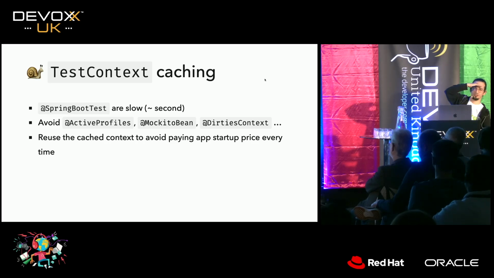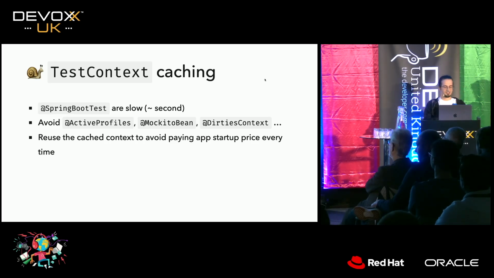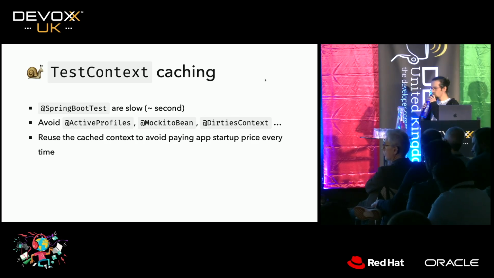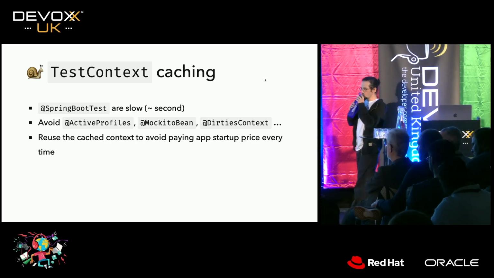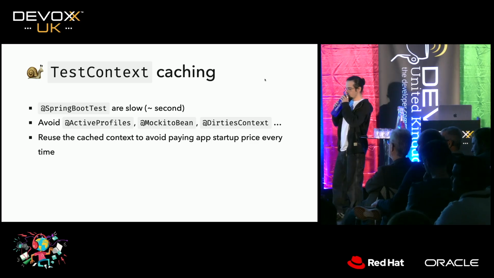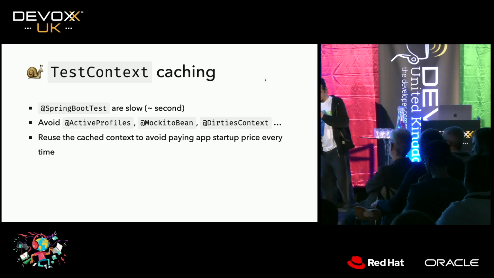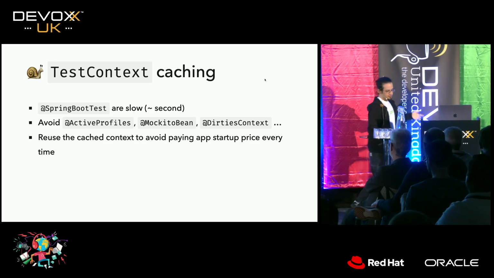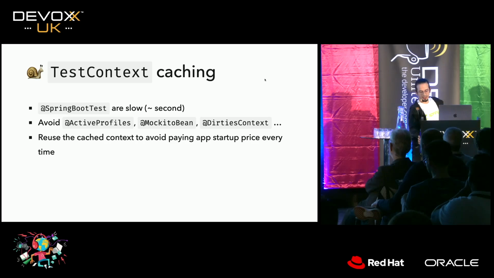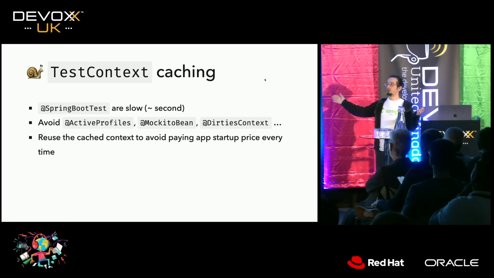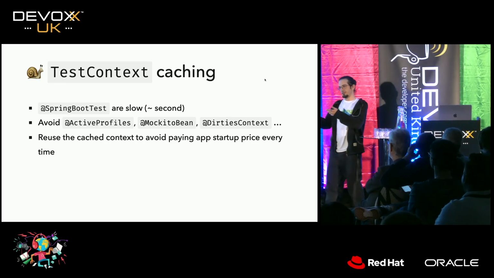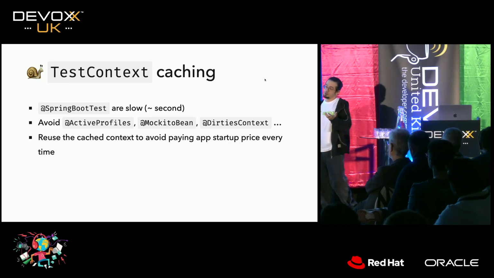Okay, any questions for this test context part? So you mentioned avoid the active profiles, but does the context actually accept it? You have the same profile, what you want about the test? So the question is, I said avoid active profiles. If I have the same profile in multiple tests, yes, Spring Test will detect that it's the same app.